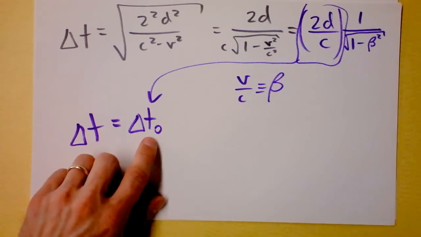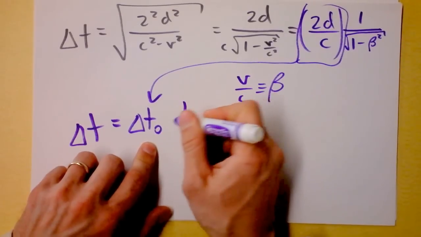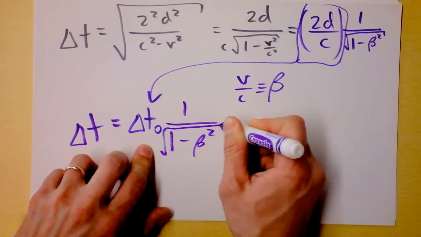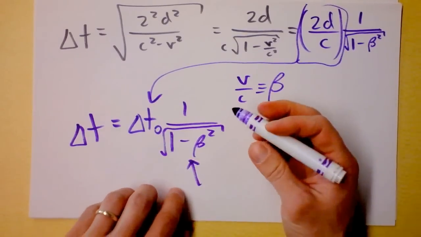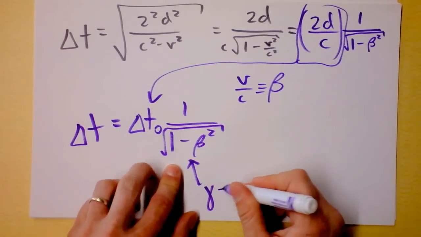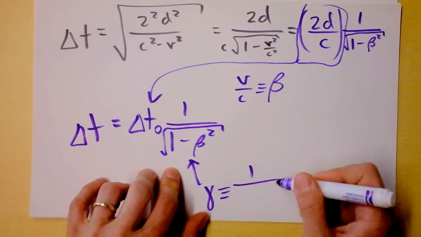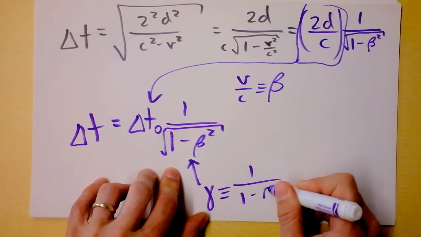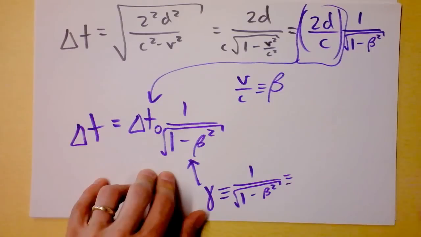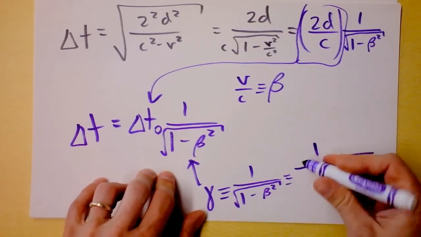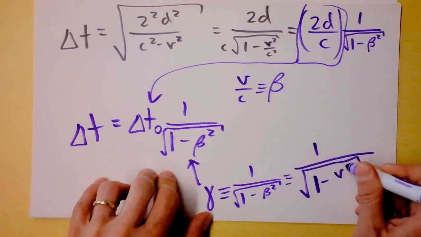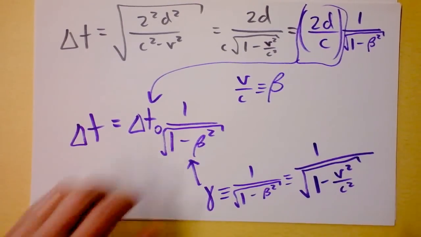And then he says it's that stuff times 1 over the square root of 1 minus beta squared. You've studied this relationship right here. This is something that I'm going to define to be gamma. Rather than nesting my definitions, I'll put it all full blown out here. Gamma is 1 over the square root of 1 minus v squared over c squared.